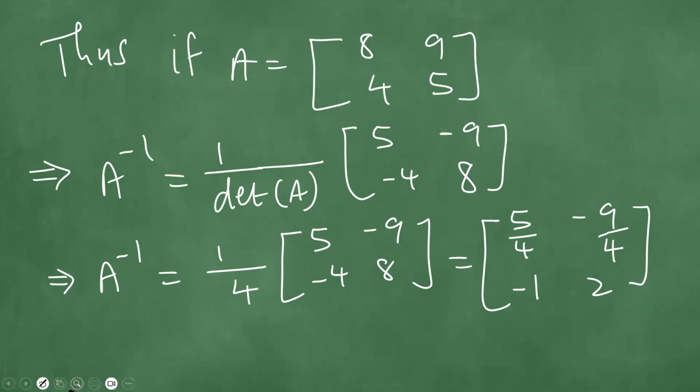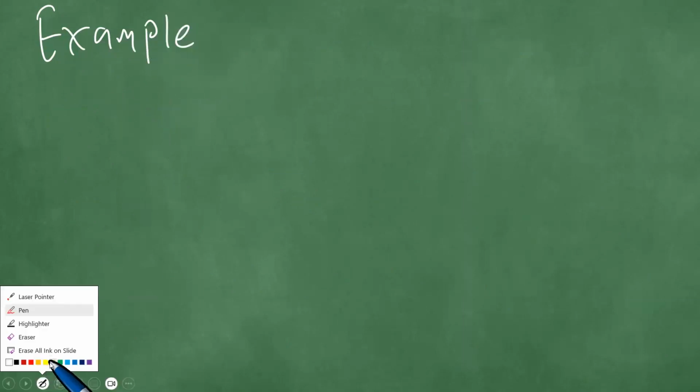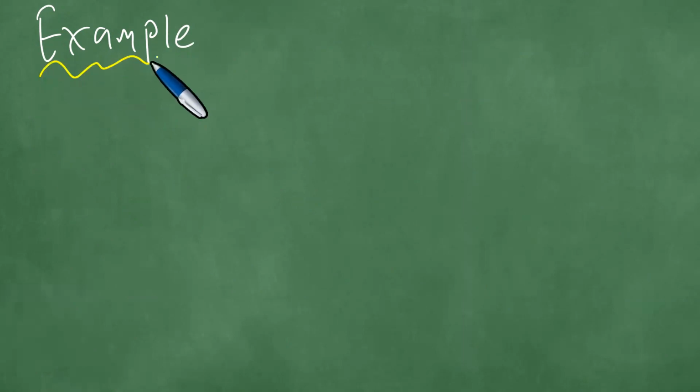And here is the question. An example. Right, so in this example, we are focusing on the kinds of matrices that emanate from story sums, word problems.